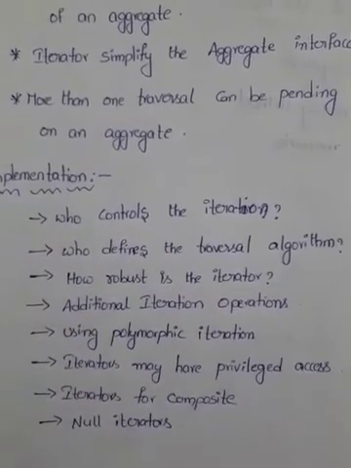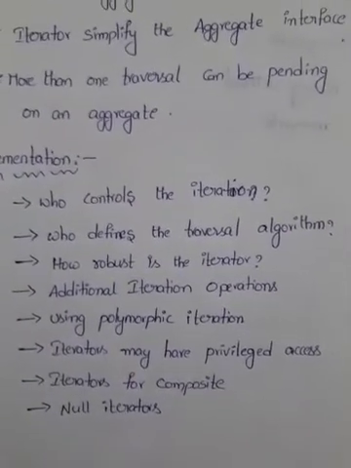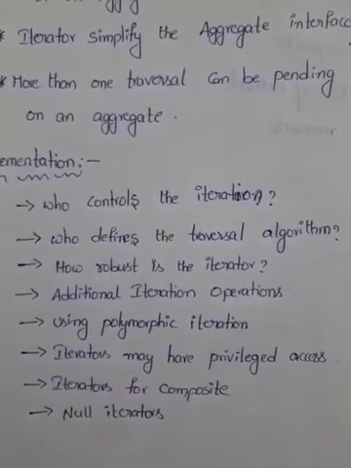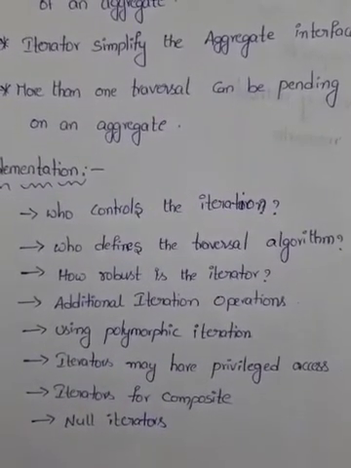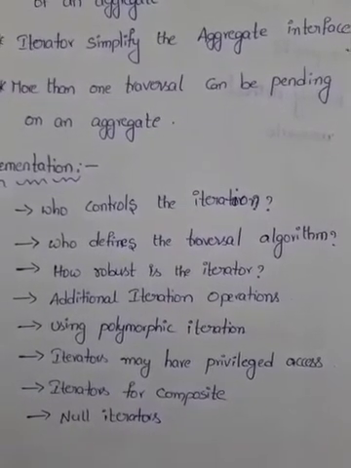Coming to our next implementation, iterators may have privileged access. An iterator can be viewed as an extension of the aggregate that creates it. The iterator and the aggregate are tightly coupled. And the next one is iterators for composites.